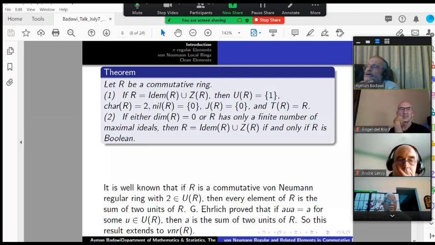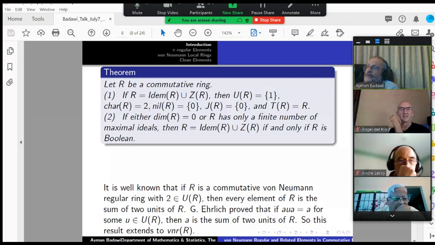That's the only unit. That's very clear. The characteristic of R has to be 2, the nil radical of R has to be 0, the Jacobson radical has to be 0, and the total quotient ring of R has to be R.